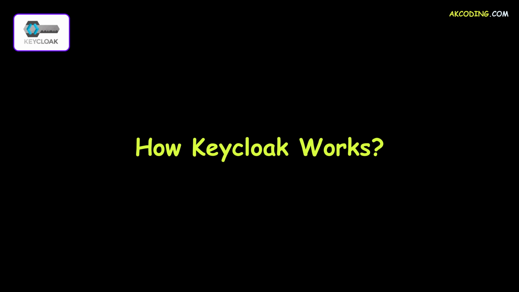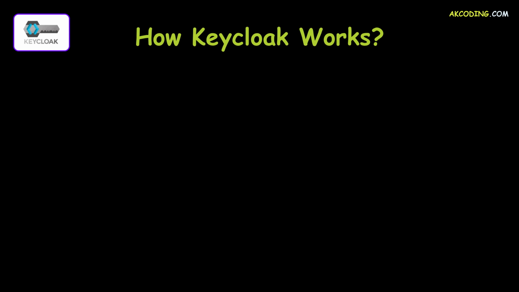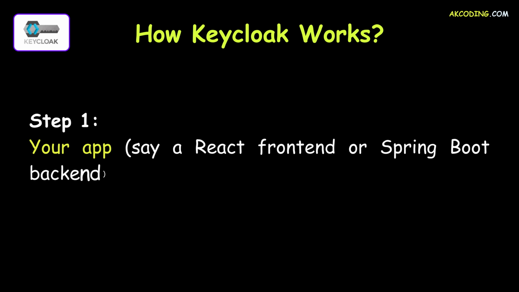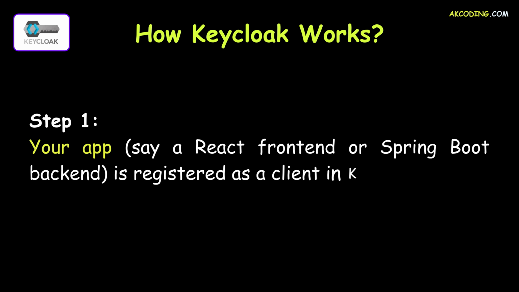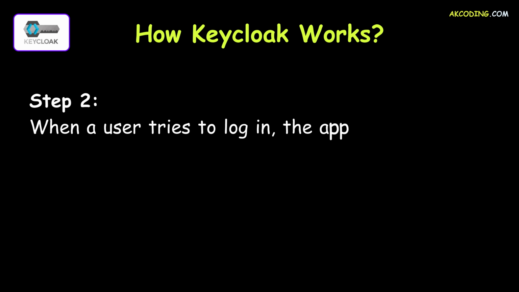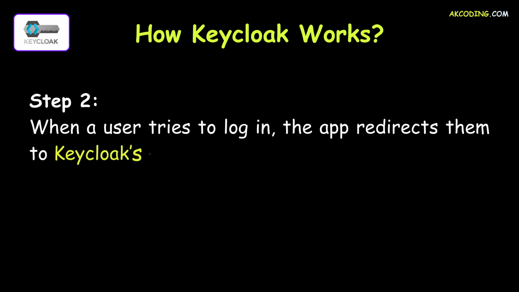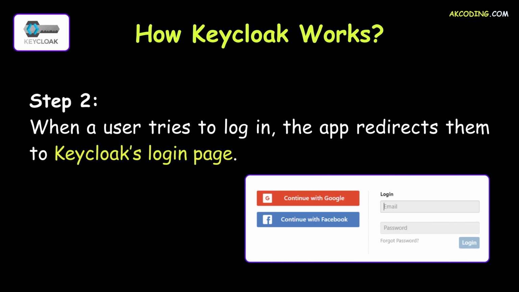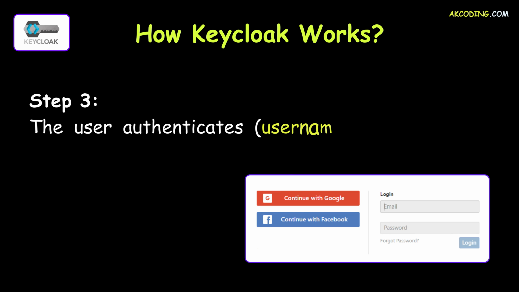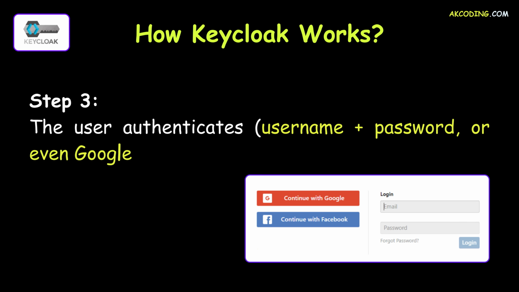Let's understand how Keycloak actually works behind the scenes. Step number 1, your app, say a React frontend or Spring Boot backend, is registered as a client in Keycloak. Step number 2, when a user tries to log in, the app redirects them to the Keycloak login page. Step number 3, the user authenticates with username plus password or even Google or SSO login.